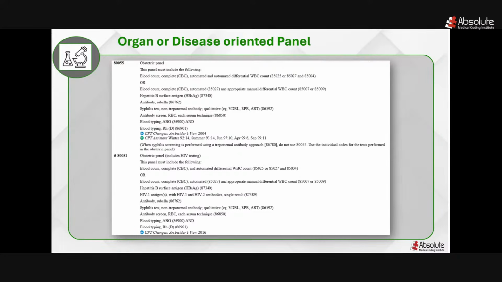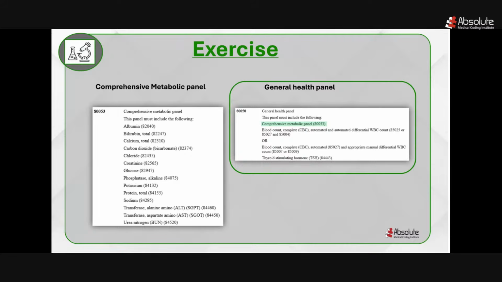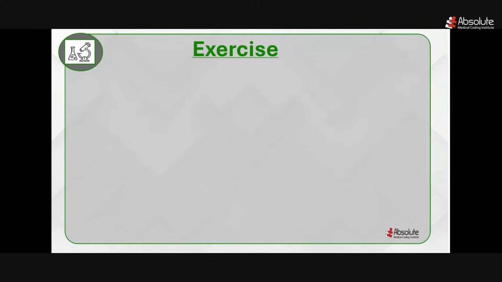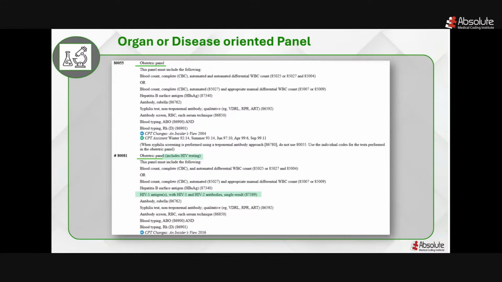All right. So also coders, there is one more test which has two CPT codes in your manual. That is the obstetric panel. So again, you can see here there are two codes for the obstetric panel. One is 80055 and the other one is 80081.